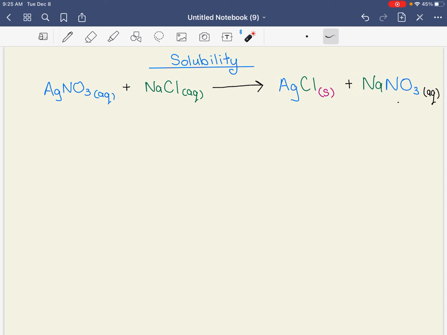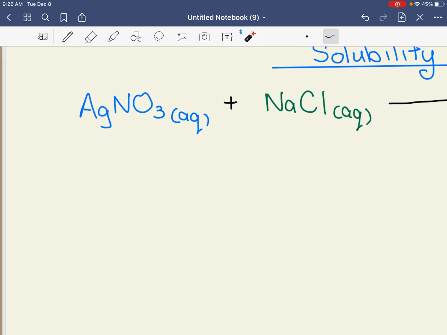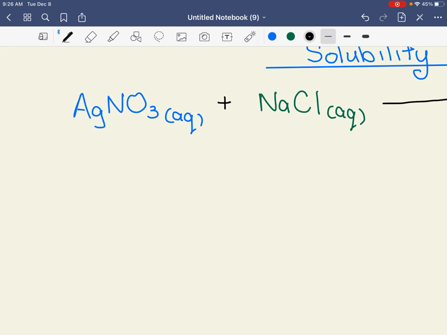Now, let's take a look at what exactly is going on here. If you were to do this as an experiment, if you were to actually perform this chemical reaction, what are the steps that are being taken? So let's take a look at the reactants, to begin with.